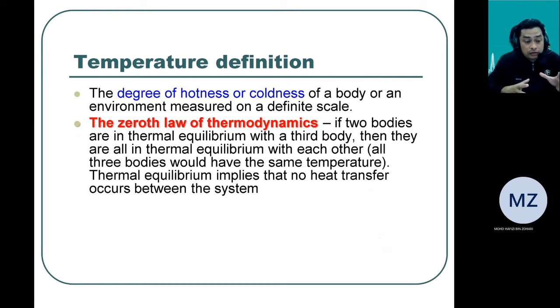Next, we look at the temperature definition. It's actually a degree of hotness or coldness. It tells us how hot or how cold a body or environment is. According to the Zeroth law of thermodynamics, if two bodies are in thermal equilibrium with a third body, they will automatically be in thermal equilibrium with each other, whereby these three bodies will have the same temperature.